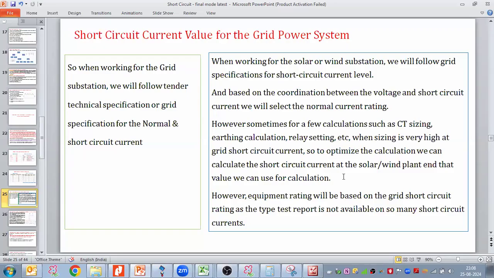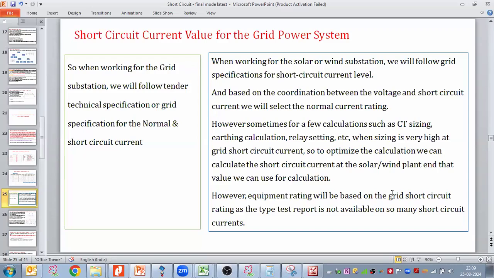But for the breaker, do not calculate the fault current contributed by the grid to your solar plant, because you will not get such a breaker or isolator; breaker and isolator are type tested based on the grid short circuit current.